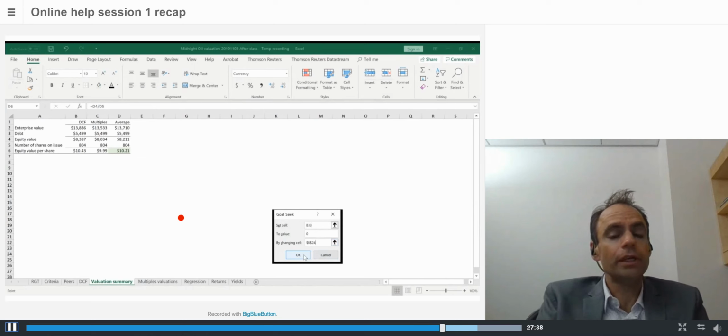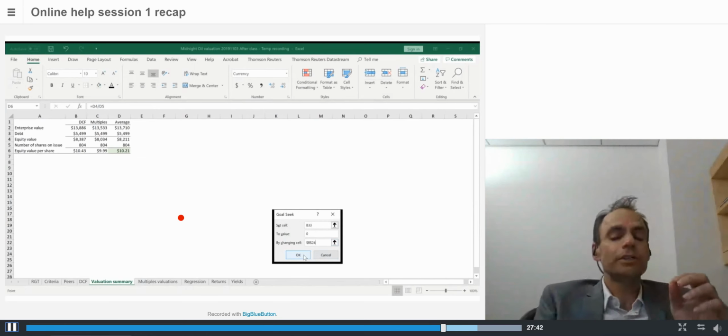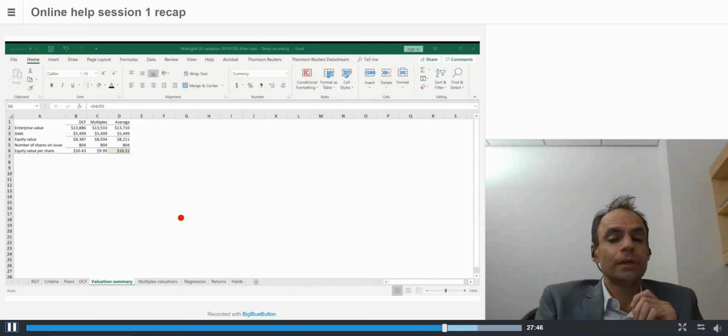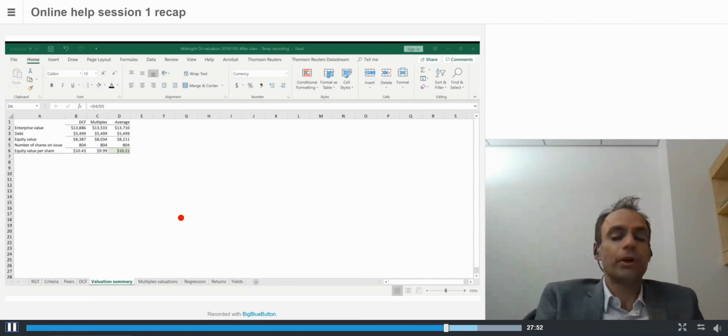And very quickly, the computer is going to try different assumptions for the input leverage until the input leverage gives you the same answer as the output leverage. Very quickly, the leverage has converged to 14.96%. And now I am in a position to estimate equity value per share.